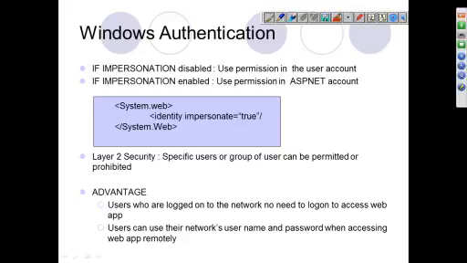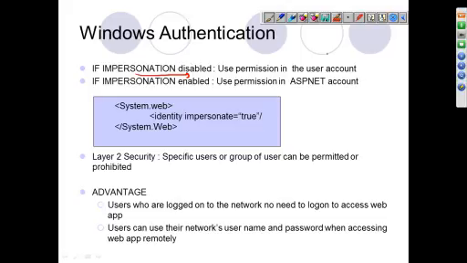In IIS 6, if impersonation is disabled, it uses the default identity. If it is enabled, it uses the identity from the user account. But it is the other way in IIS 7: if impersonation is disabled, it uses the ASP.NET account, otherwise it uses the user account. Let me show you this.